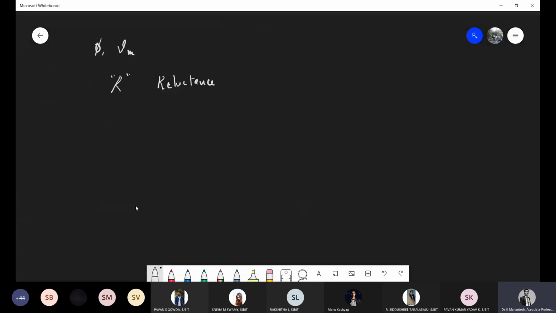Reluctance. So reluctance is almost similar to the resistance in an electric circuit. Resistance R is used to oppose the flow of current, correct? So here reluctance opposes the magnetic flux. Reluctance is a measure or a property of a magnetic circuit which opposes the magnetic flux.